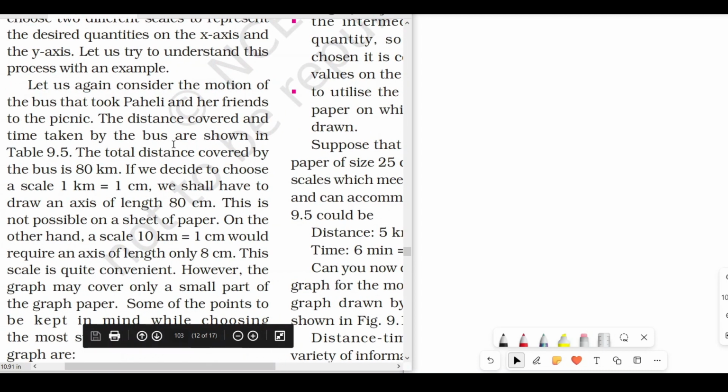Right, the total distance covered by the bus is 80 kilometers.